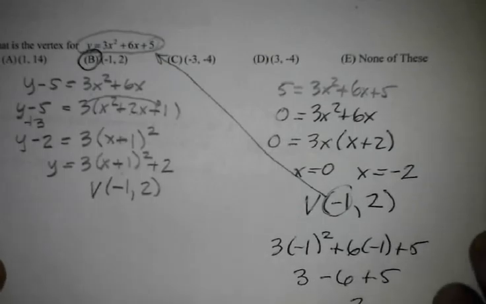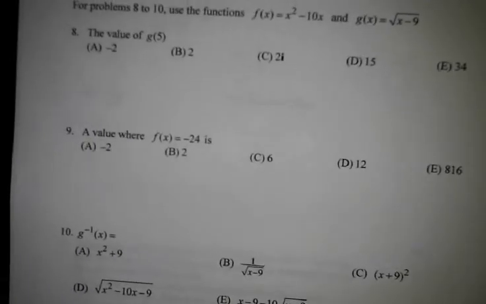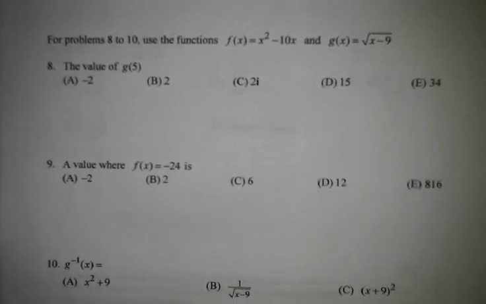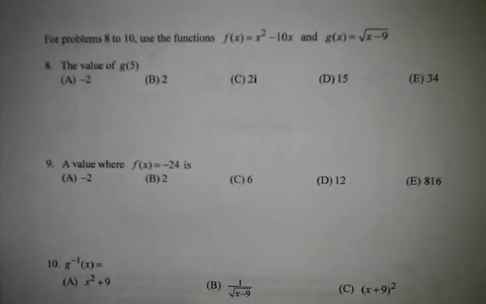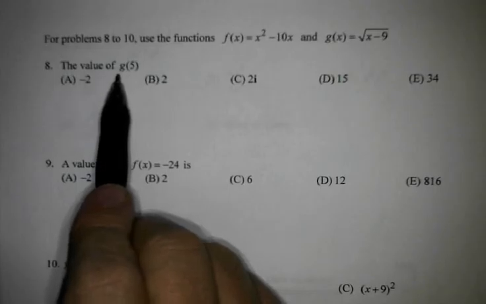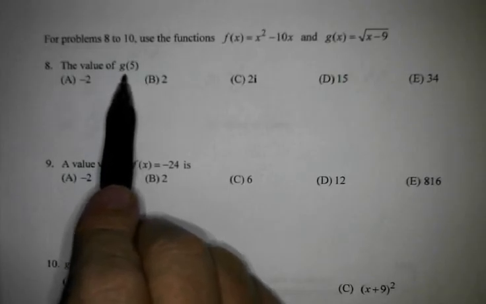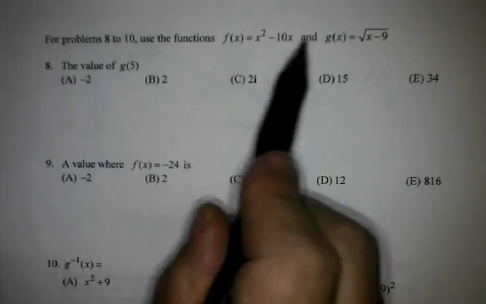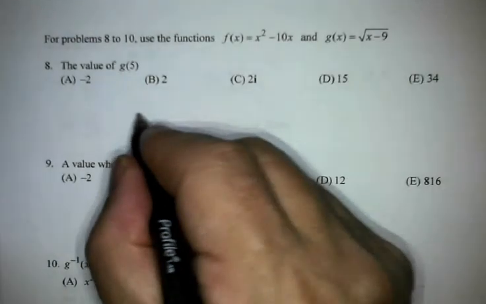Okay, problems 8, 9, and 10 all deal with functions. I'm just getting used to function notation. Okay, g of 5. Difference between solving and plugging in. This says use the function g and plug in the number 5. So I'm going to plug in 5 into g.